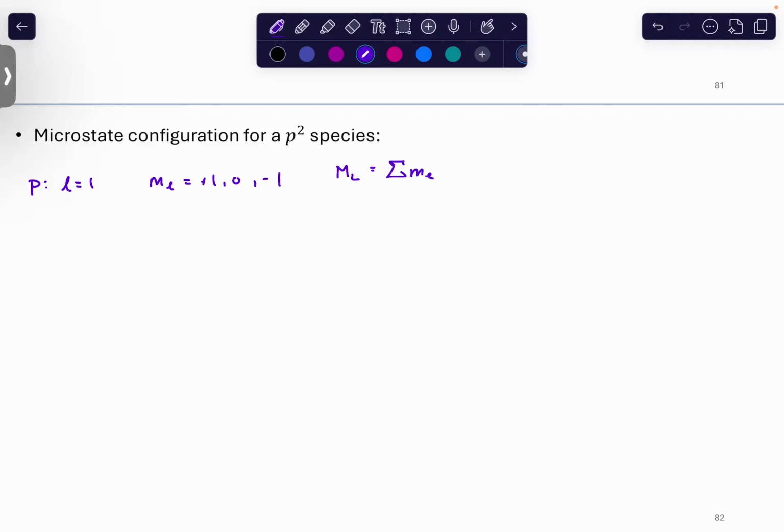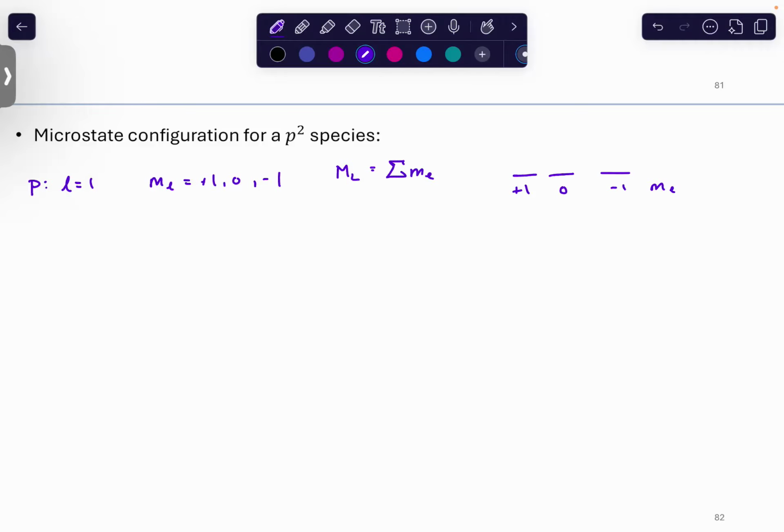So what are all the different ways that we could have these? Let's think of our P orbitals. You remember we have 3 of these: a +1, a 0, and a -1. Those are our M sub L's.